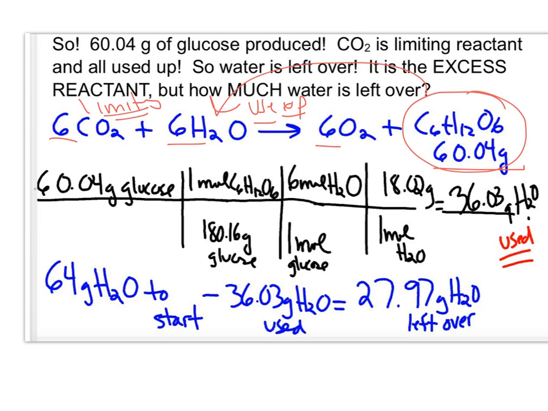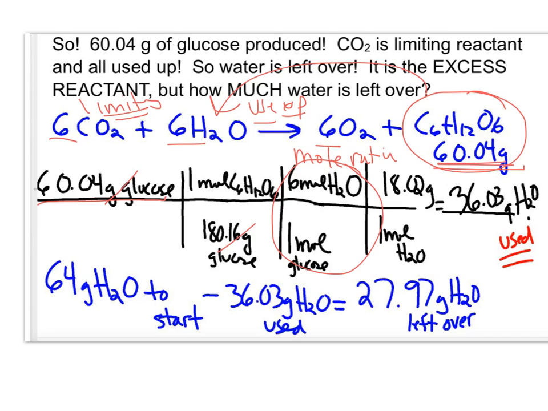This time I'm going to be comparing the glucose that I've made to water. So I have 60.04 grams of glucose, and I use the molar mass of glucose to convert to moles. I'll always get to moles. And then here's my molar mass. Here's my mole ratio.